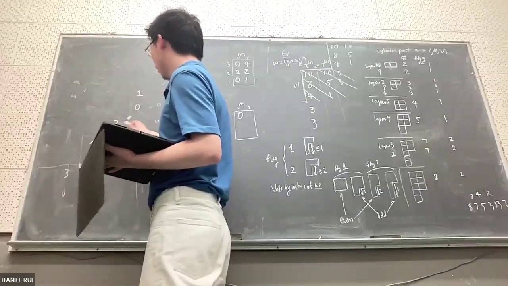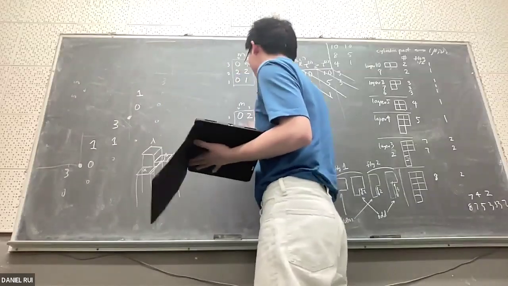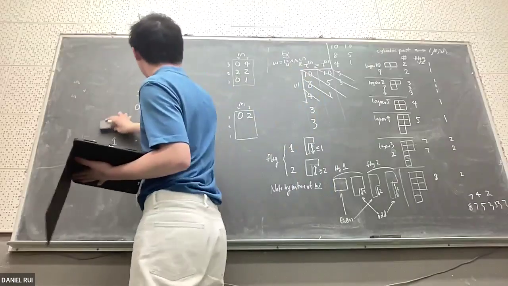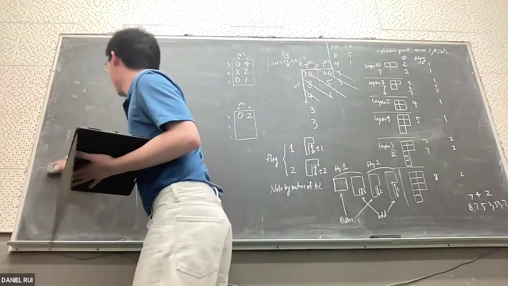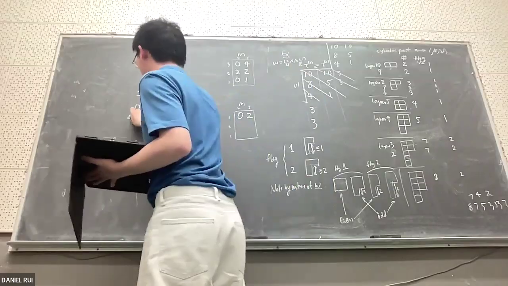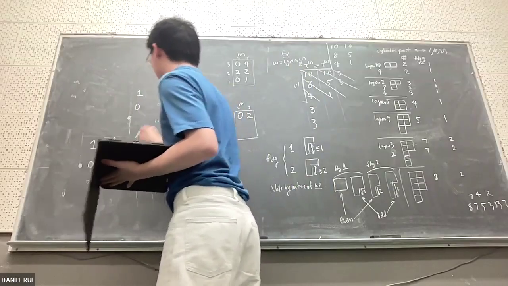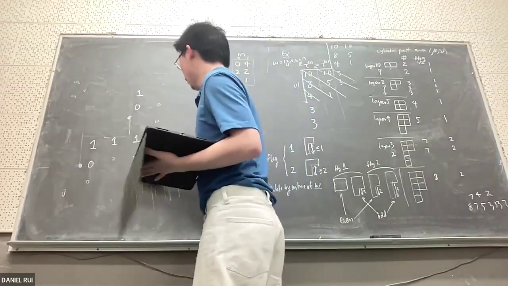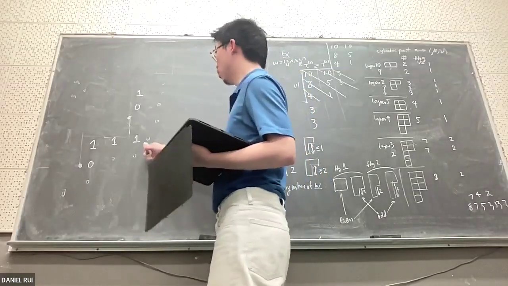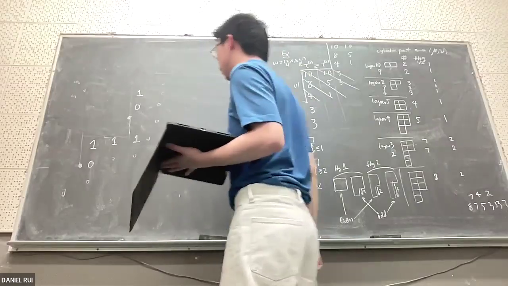So what's M? M is 2. It's gone. The 0 toggles to a 1. The 0 toggles to a 1. And the zeros below remain 0.